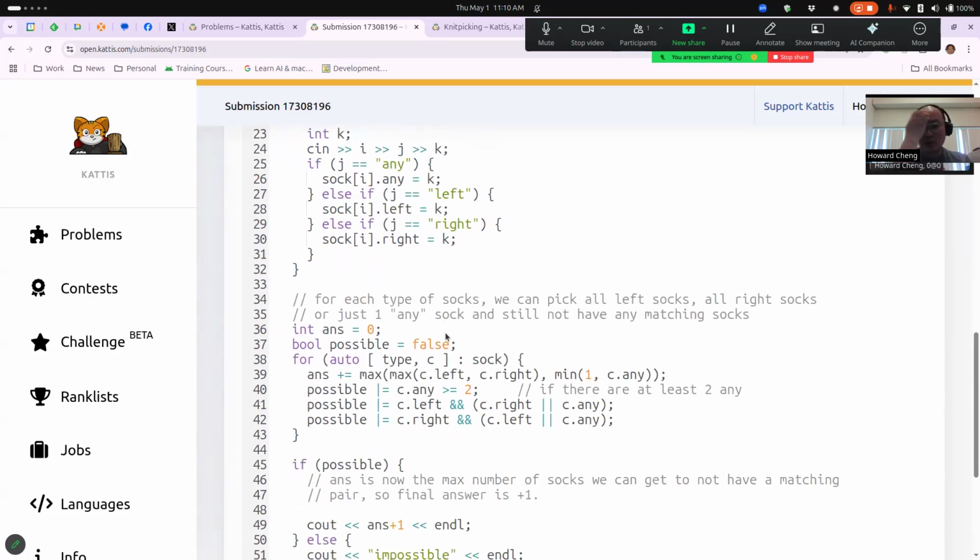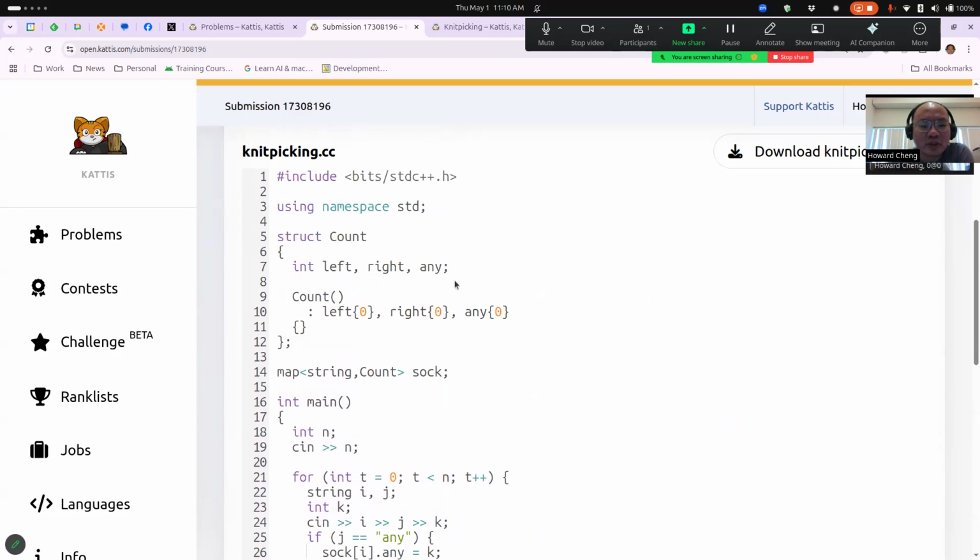But I'm using them as Boolean because I want non-zero to be true and zero to be false. So c.left just means I have a non-zero number of left socks. And here I'm saying I have a non-zero number of right socks or a non-zero number of any socks. Okay, so this is like three lines of code, but there's actually a lot of stuff going on in there. But anyway, that's all I want to show. I don't want to go too deep into the detail.